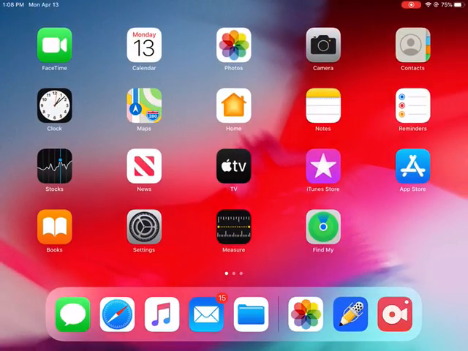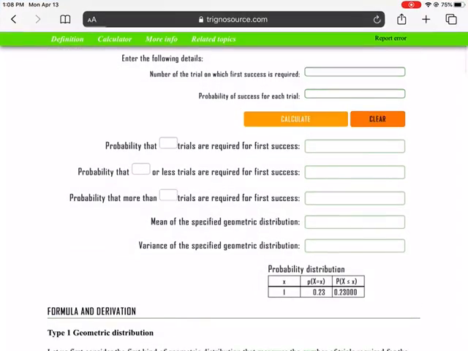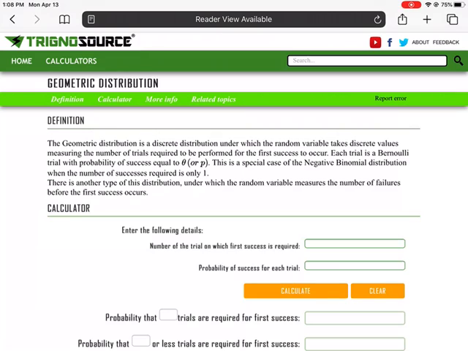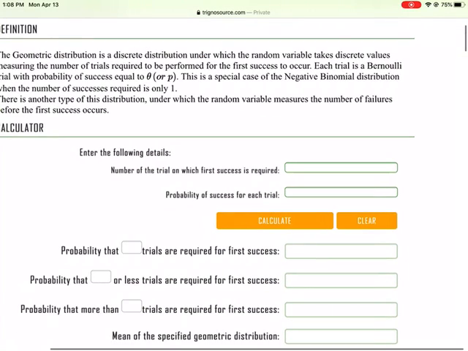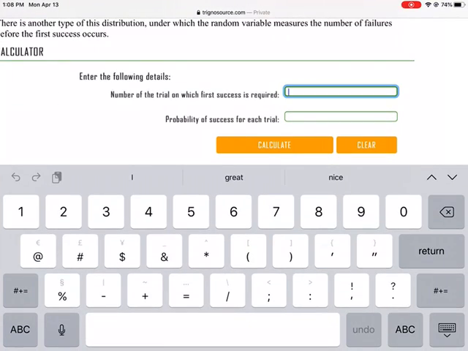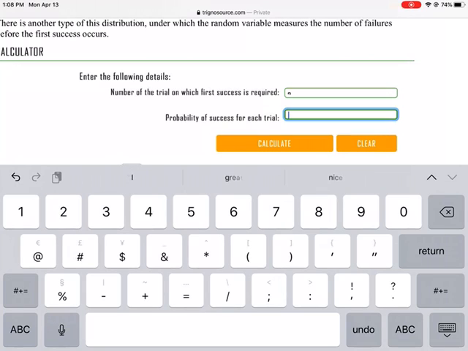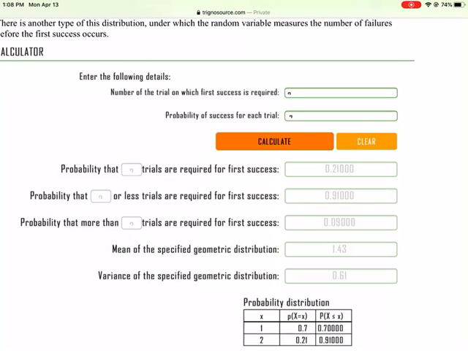Again, I'm going to use my online calculator. So this is 2, because I'm looking at the second trial. And then my P is 0.7. Calculate.